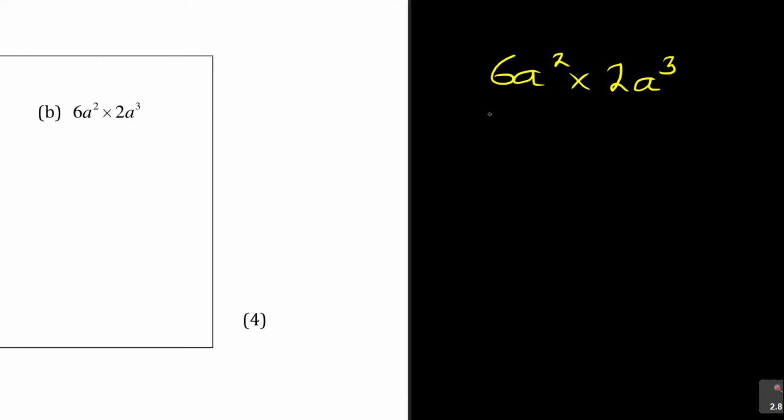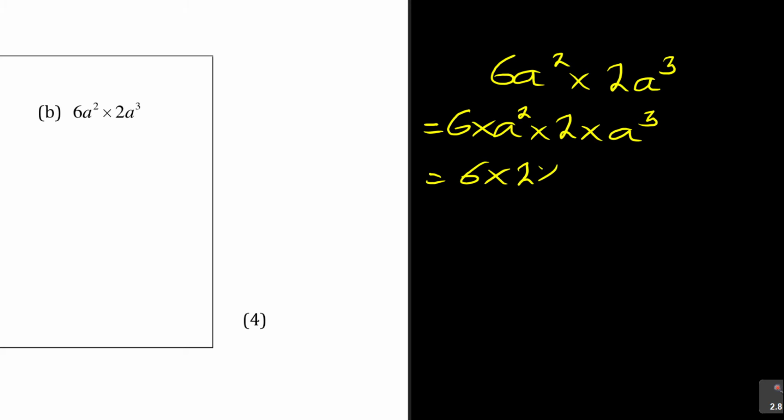Now, if you're checking your answer, it's the same as saying 6 times a squared times 2 times a to the power of 3. Do you see that? Which is equal to, collecting the numbers together, 6 times 2 times a squared times a to the power of 3.